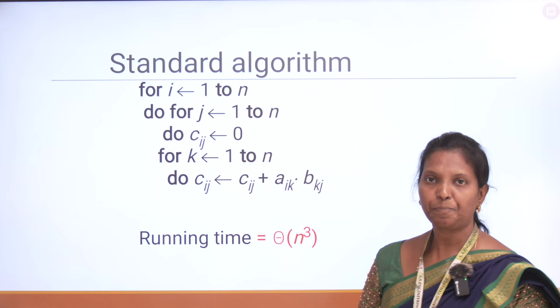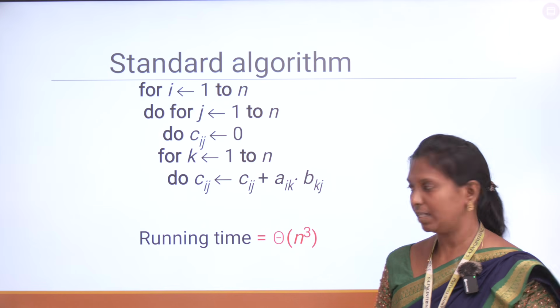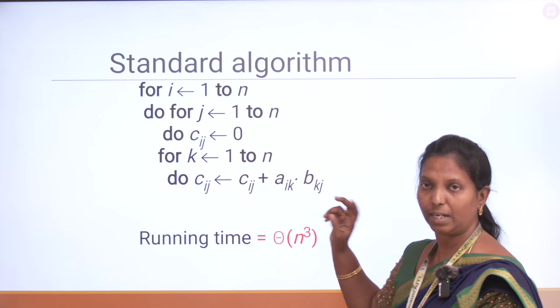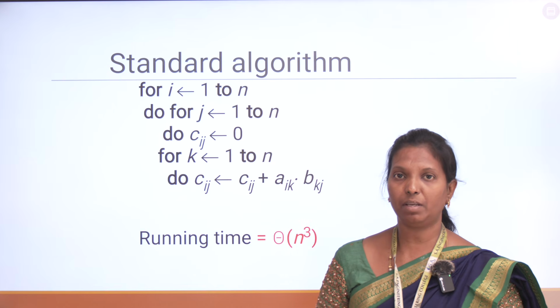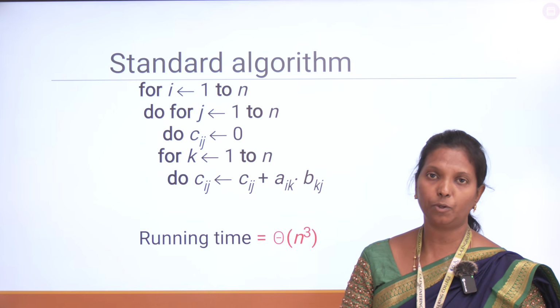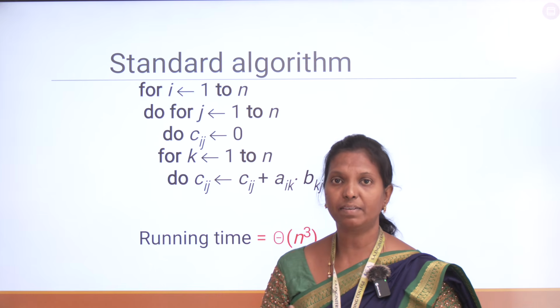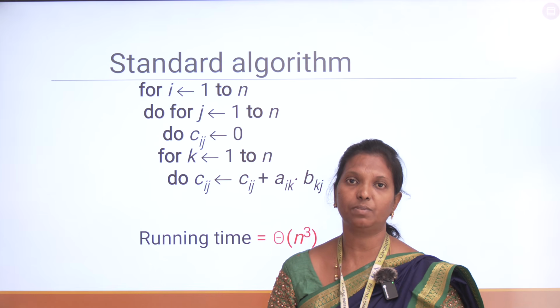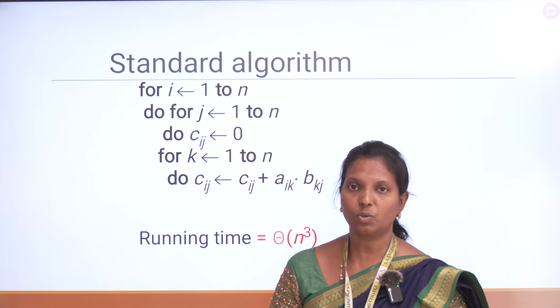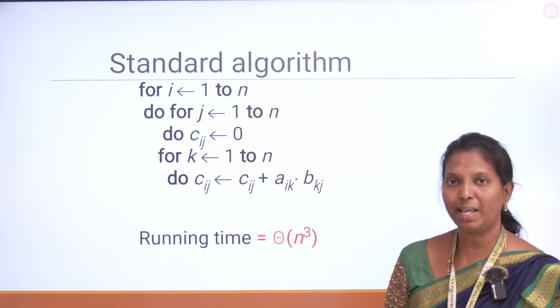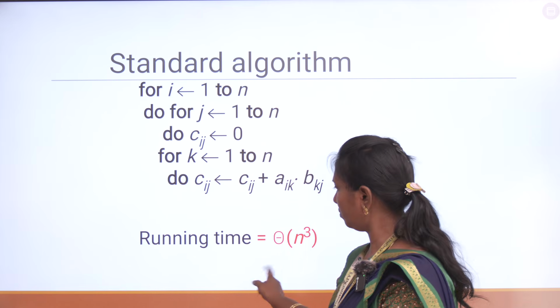For example, in this process we have a running time of theta of n to the power 3. If I give 3, then 3 cubed is 27. So 27 times we need to do multiplication with those recursive functions. So this creates more space and time complexity.